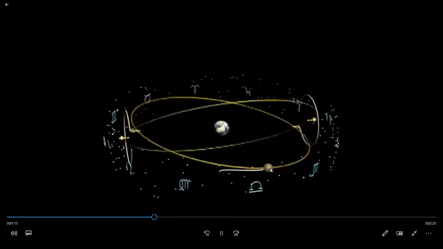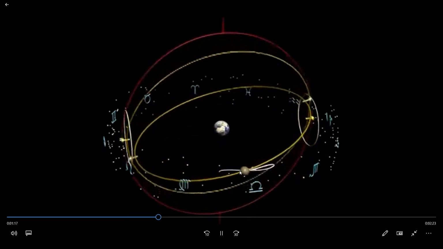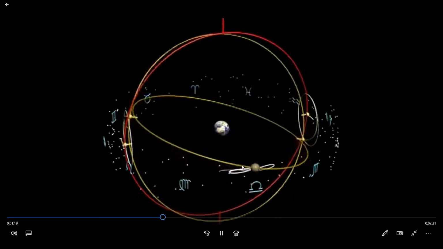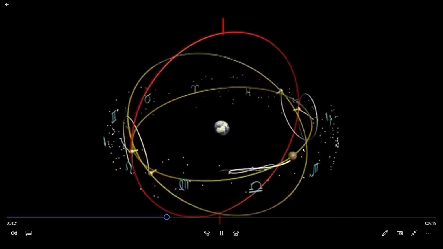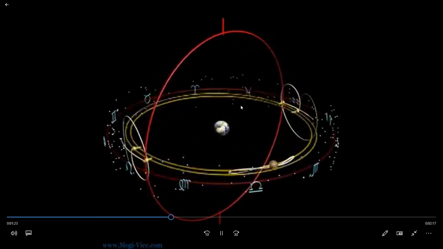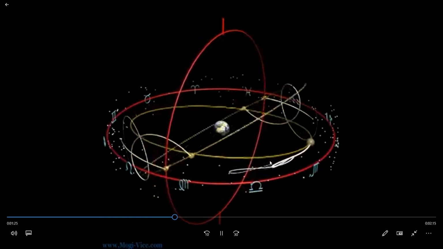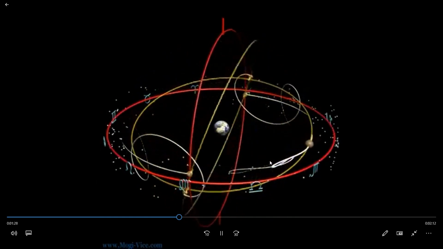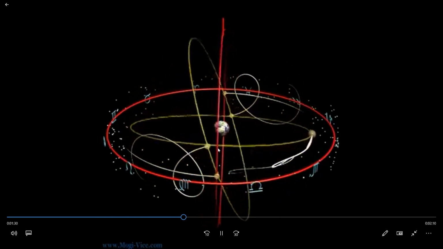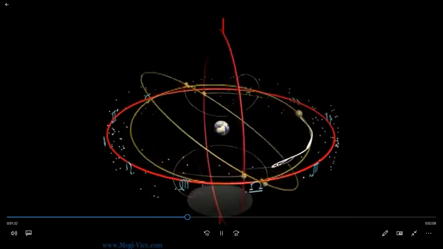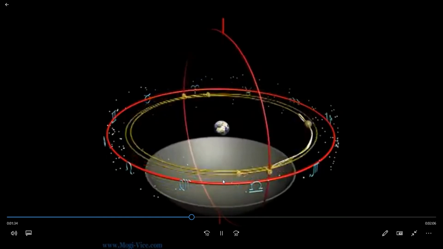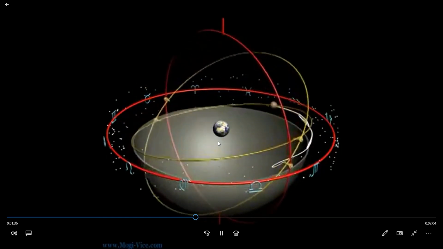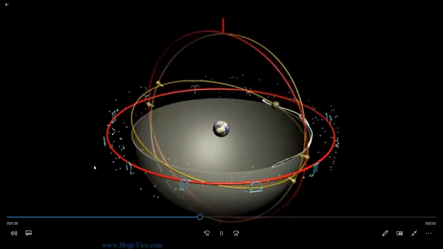Now, for example, look at this planet. It's revolving around itself, and it's moving around the Earth. You see? Look, this planet. It's revolving around itself and revolving around the Earth.